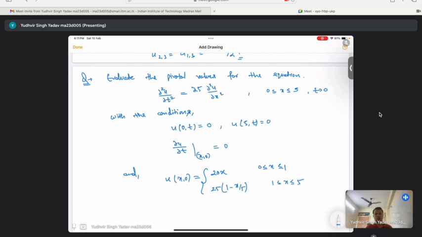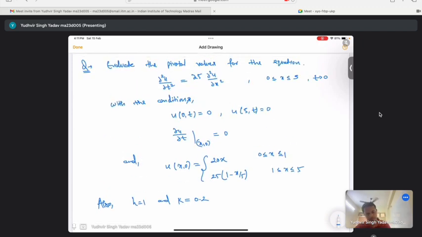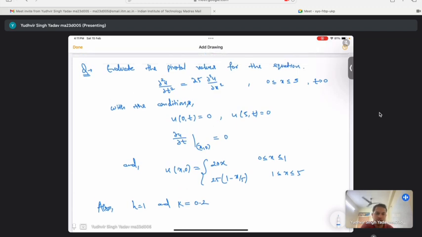So this is the given initial conditions and the respective boundary conditions for the given problem. Also, it is given that the step size is 1 in x direction and in time direction is 0.2. So this is the problem that we have to solve.